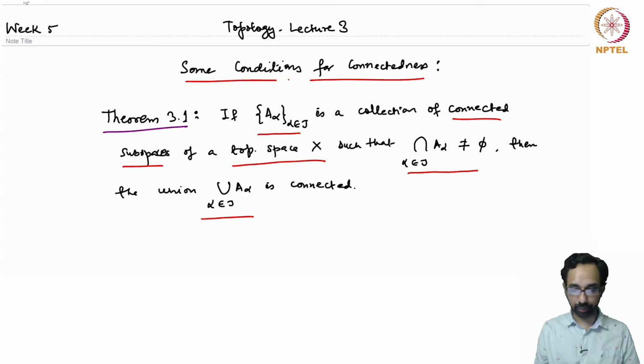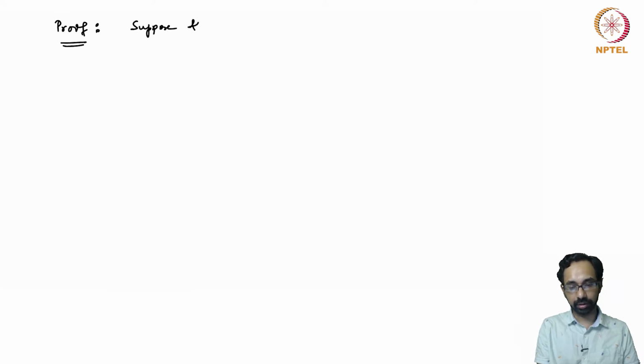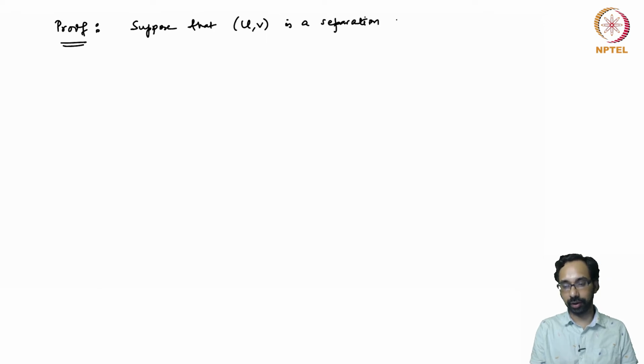So let us see a proof of this theorem. To prove the theorem, we proceed by contradiction. So we suppose that U, V is a separation of the union of all the A alphas.